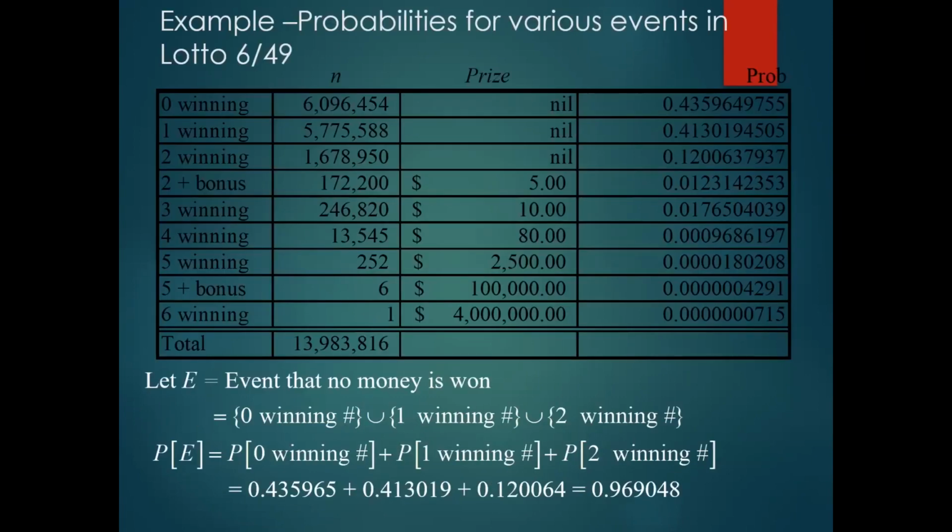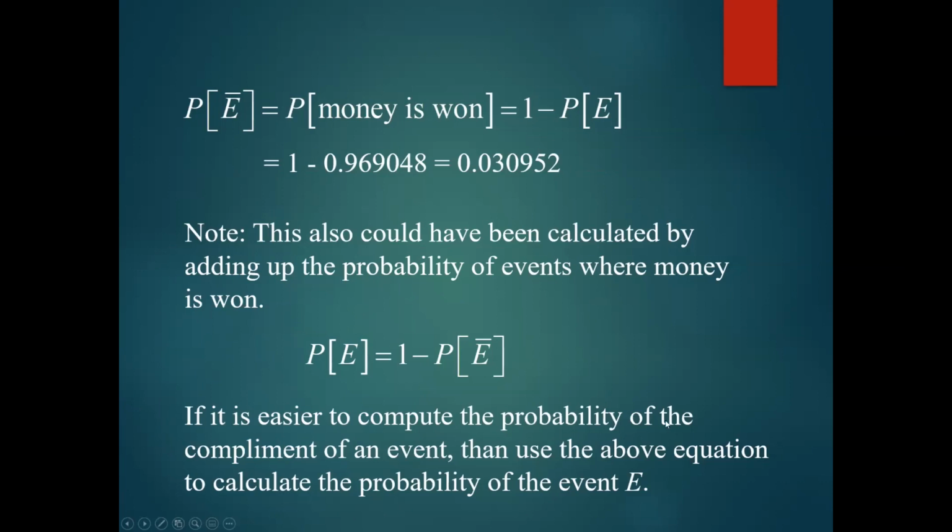You can also calculate it by adding the probabilities here from 2 plus bonus until winning. But some problems are easier to solve if you just compute the complement and then subtract it from 1. If it's easier to compute the probability of the complement event, then use the above equation for the probability of the event.